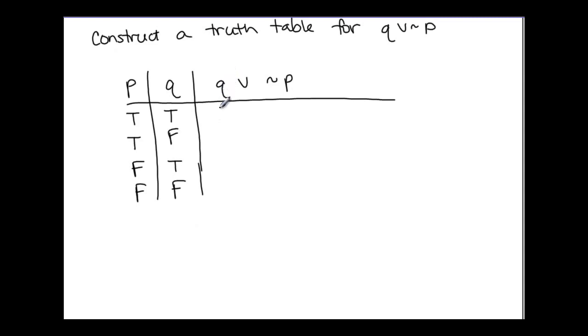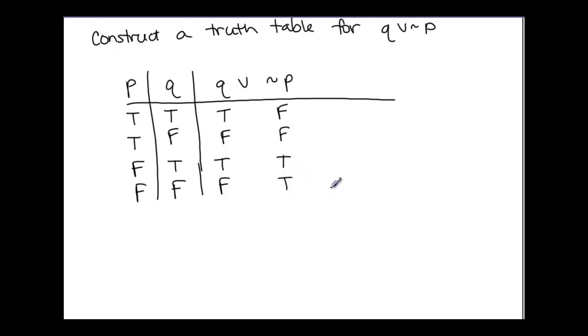So then I would repeat the Q column. The Q column is true, false, true, false. I want the negation of P here. The negation of P would be false, false, true, true.